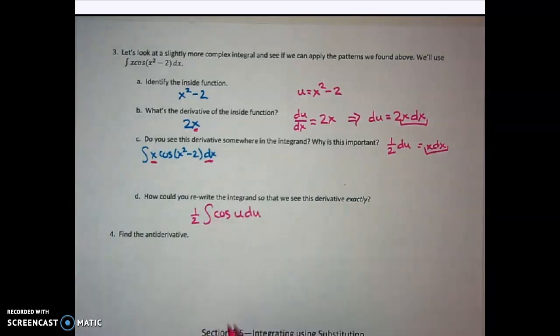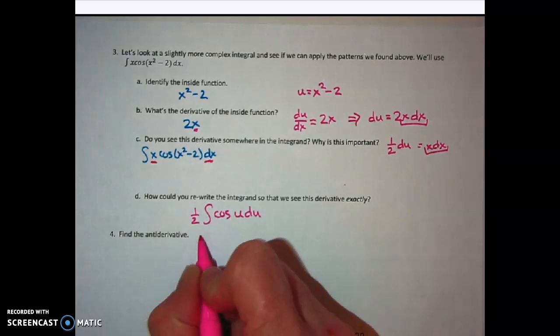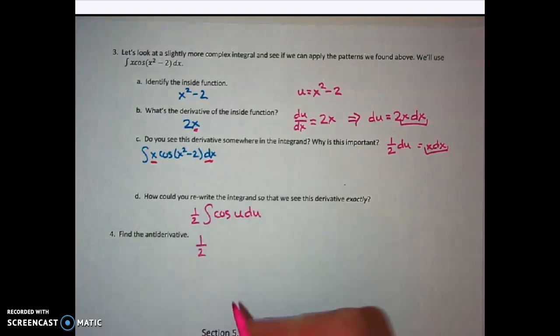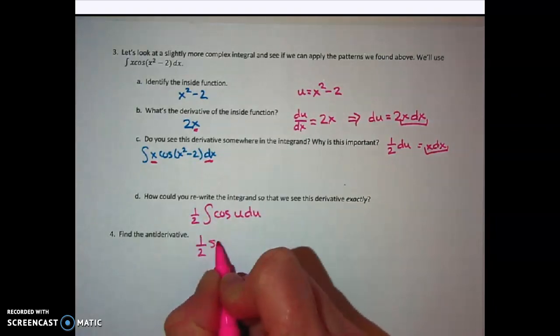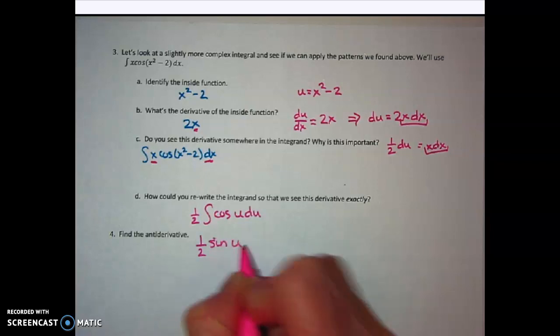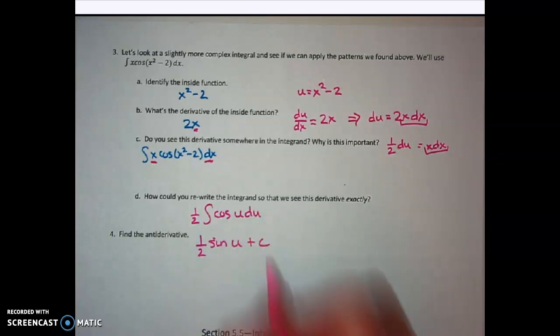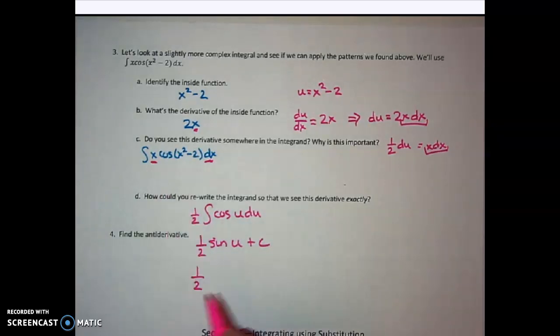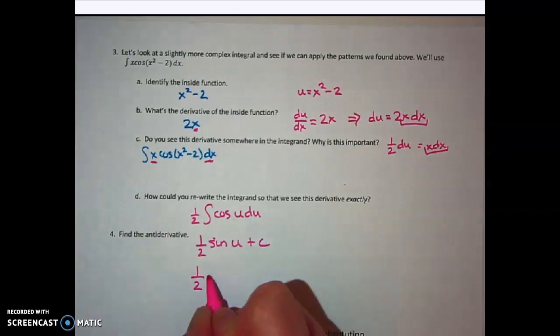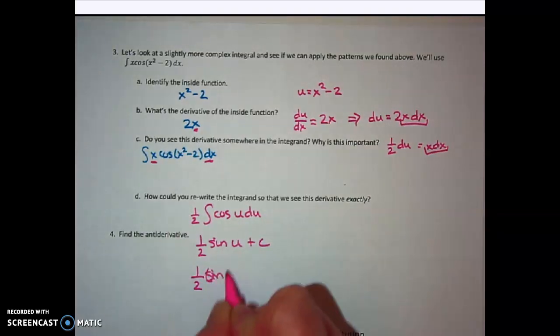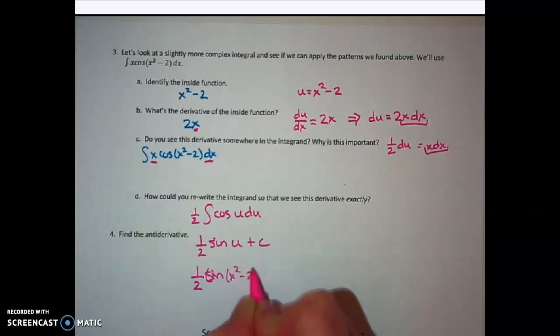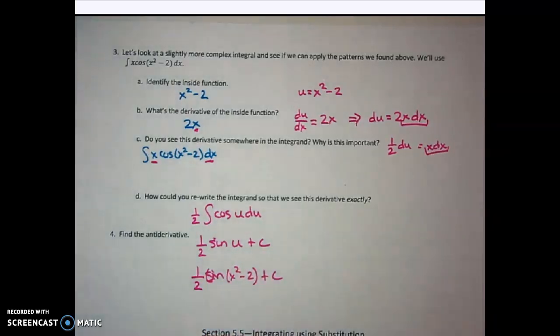Now I can take the integral of this, find the antiderivative very easily. I have 1/2. The antiderivative of the cosine of u is sine of u, plus c. And then we just need to remember to go back and resubstitute in what u is, because our problem wasn't in terms of u. Our original problem was in terms of x. So we have the sine of x squared minus 2 plus c.